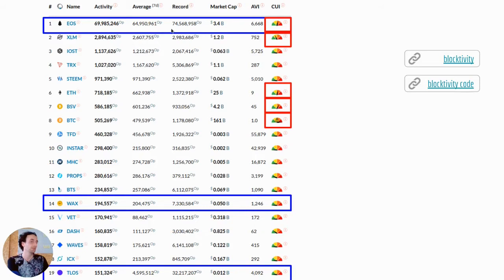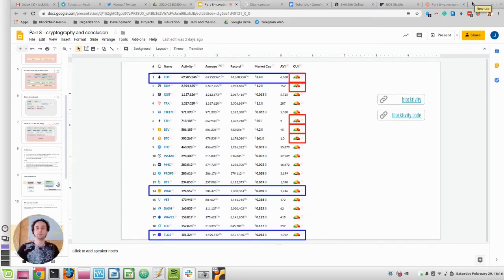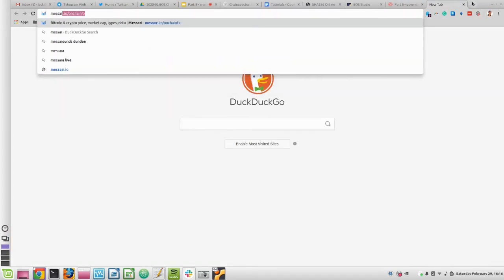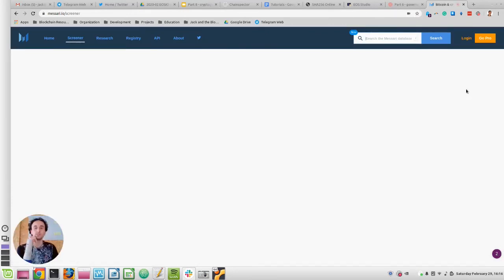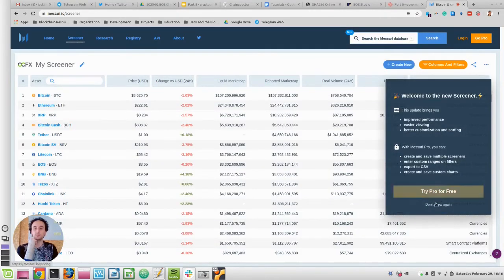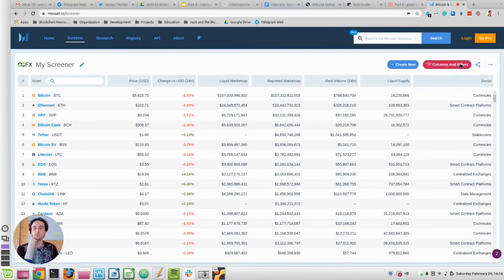It's still, as it has been for about a year, significantly more use than other chains. Interestingly, these are two other EOS.io chains, Wax and Telos, and they're also in the top 20 at the moment. We can look at a different source, Messari, and here we can also see which chain is doing the most transactions.